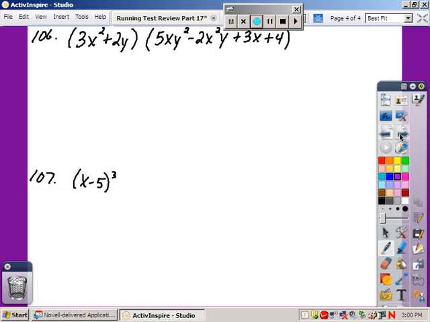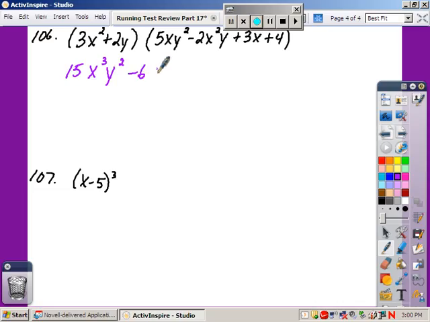So let's start by taking the 3x squared times each one of these terms. So here I'm going to do 3 times 5, that's 15. X squared times x is x to the 3rd. And then I don't have a y to multiply the y squared, so it's just y squared. I'm going to keep up that pattern for the rest of it. I've got negative 6 for the number.